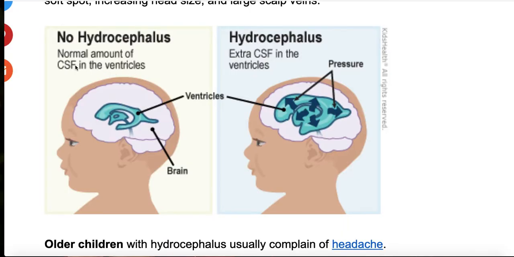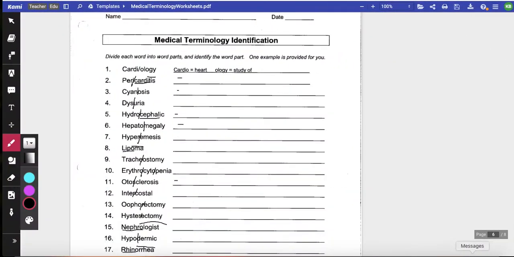It's when somebody has an increased amount of cerebral spinal fluid in the ventricles of the brain. So you can see this person has no hydrocephalus, this person does. So you can see the increased pressure on the brain. So you can see the difference between the two. And obviously it's not water in the head, it's cerebral spinal fluid. I didn't name it, it just is what it is.